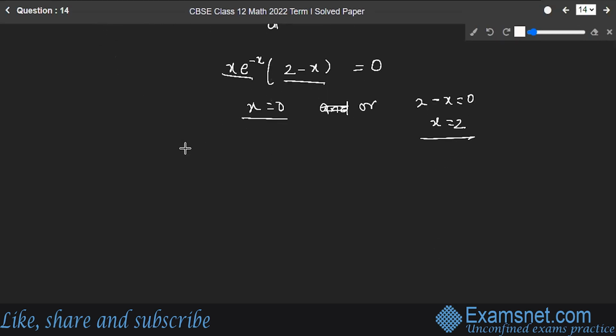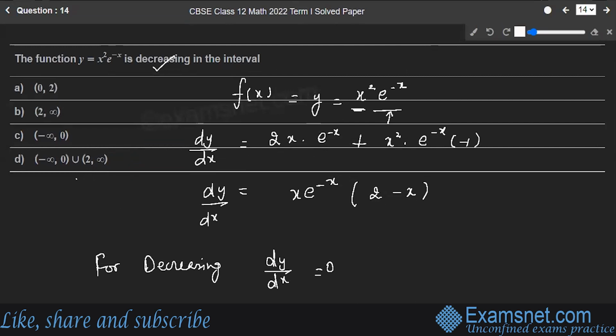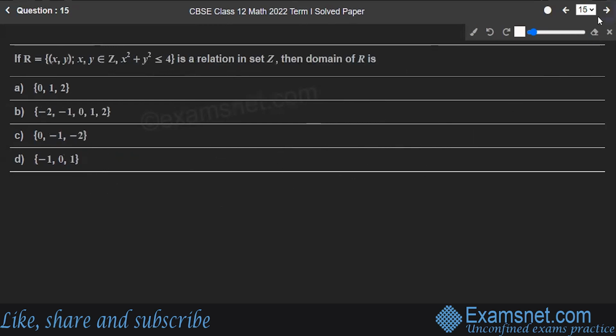So there are 2 points, x is equal to 0 and x is equal to 2. These divide the real line into 3 disjoint intervals, that is minus infinity to 0, 0 to 2, and 2 to infinity. Hope you got that. So you have option D as the answer. Hope you got that.